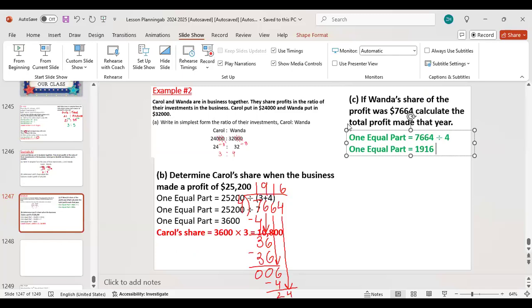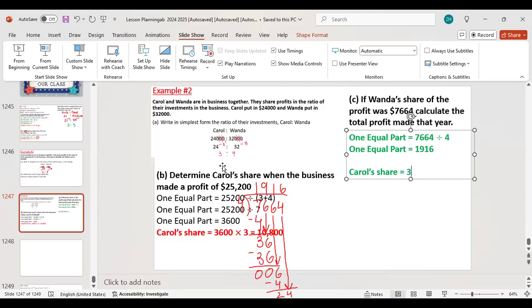So now that we know the 1 equal part, let's find Wanda's share. Are we supposed to find Carol's share? Let's do Carol first then, because it's already showing how much Wanda has. That's a very good point. Carol's share is going to be what? What is Carol's ratio? 3.